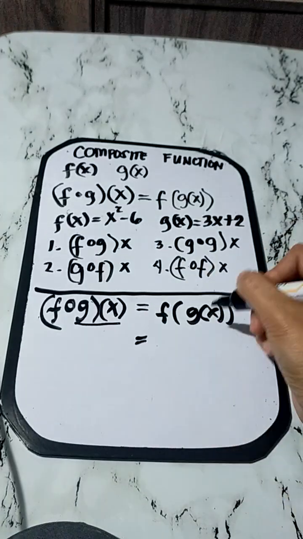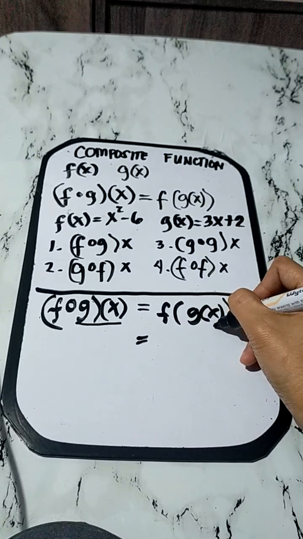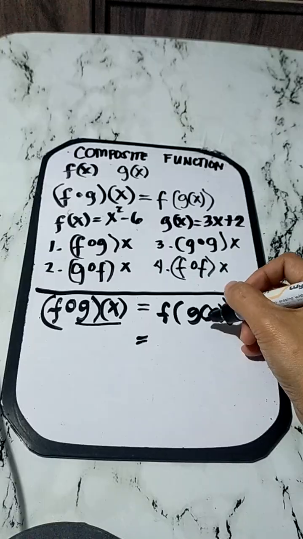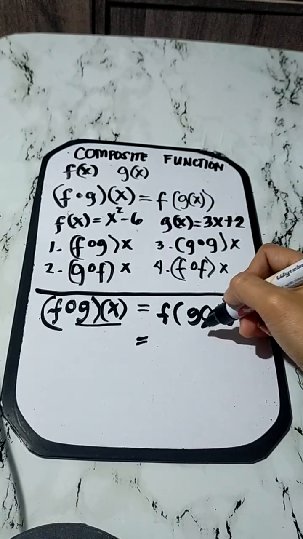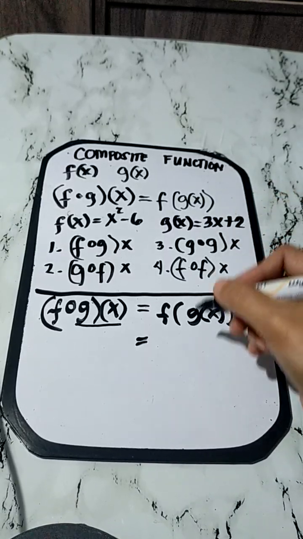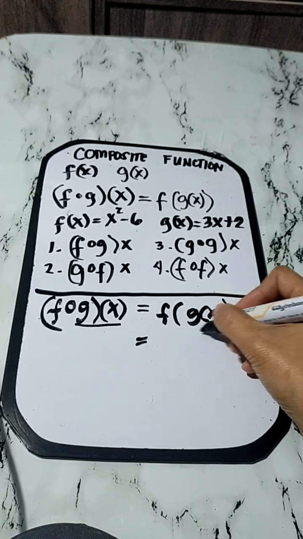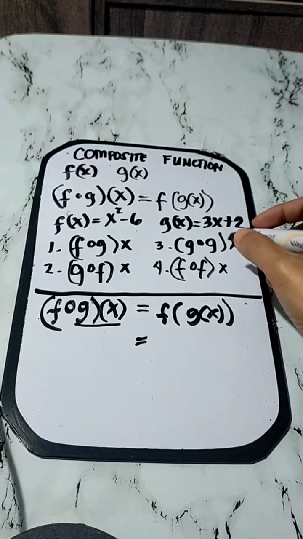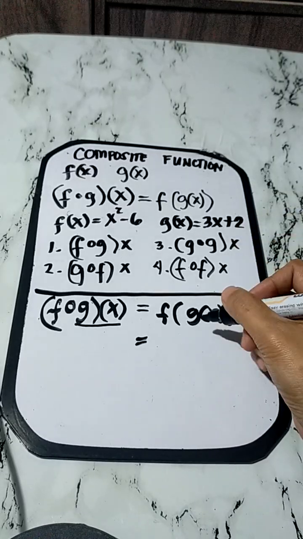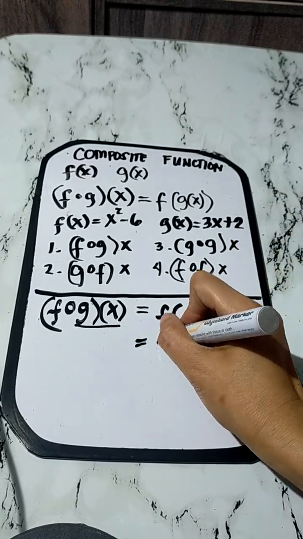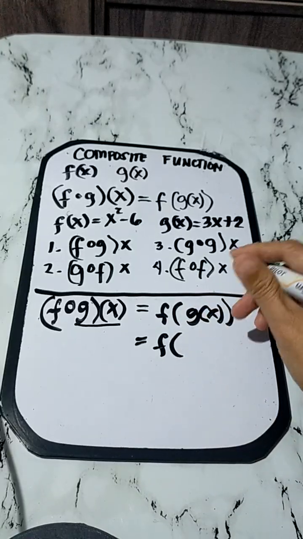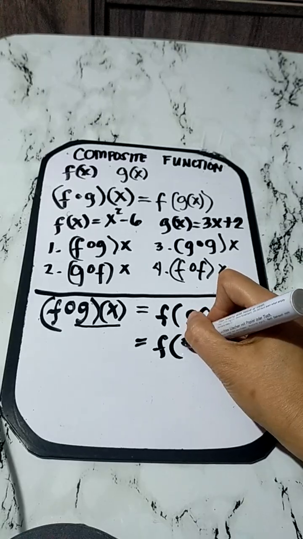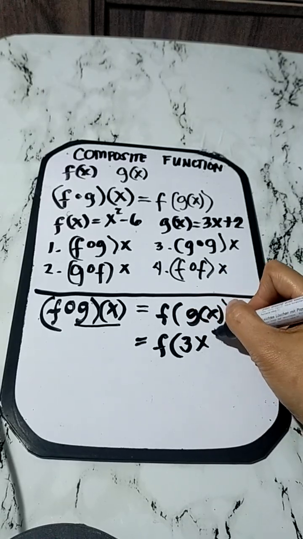For this g of x, let us substitute the given. Our g of x is 3x plus 2. Since we solve this first, we copy the f, then substitute the value of g of x, which is equal to 3x plus 2.